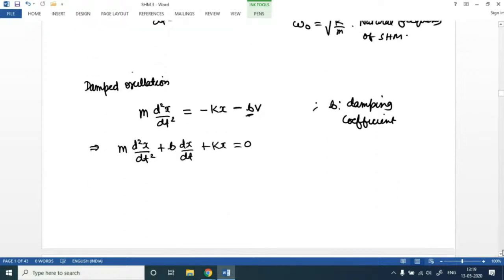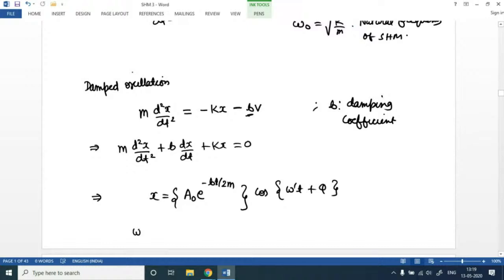And let me tell you, the solution to this differential equation will be x is equal to a naught into e to the power minus bt by 2m. Okay, this would be the amplitude term, and the oscillation term would be cos omega dash t plus phi over here.